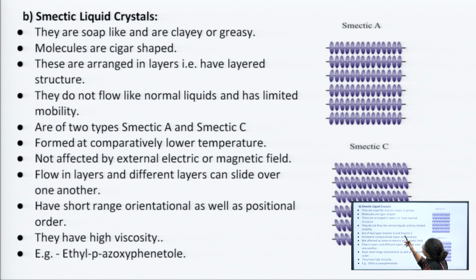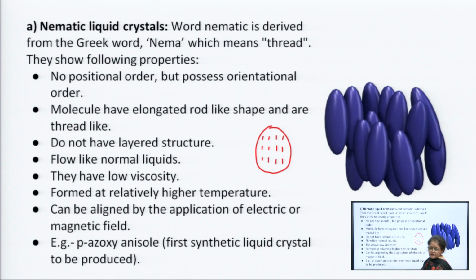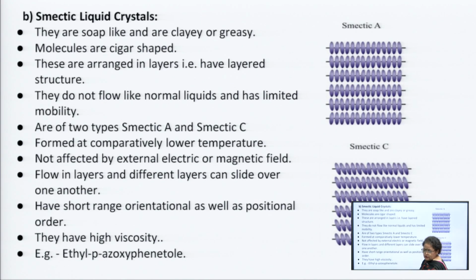Okay, so the molecules are cigar shaped. Earlier, if you remember, in nematic, the molecules were more like a rod shaped structure. They are cigar shaped, and these are arranged in layers and have layered structures. Now, you can see the diagram over here.